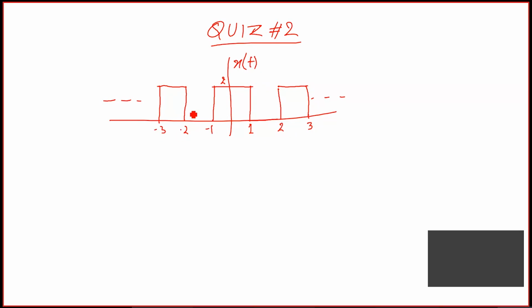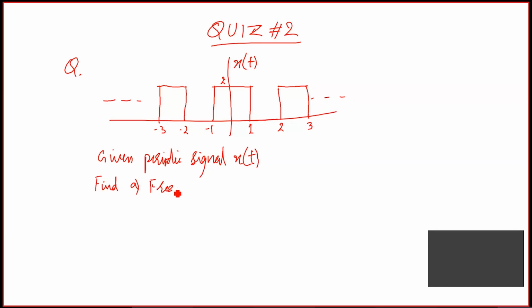So we have a periodic signal x of t. Okay, so we are given a periodic signal x of t, and what we need to do is find out, first of all, the frequency contents of the signal.